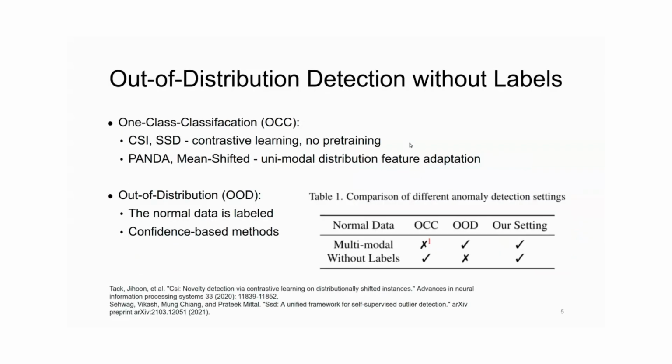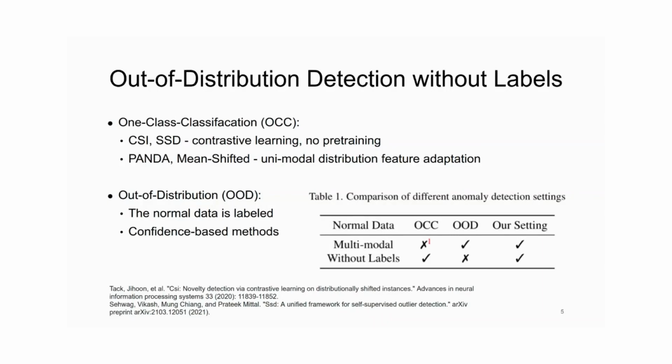And previous work comes both from the one-class classification community and the out-of-distribution community. From the one-class classification community, we have works such as CSI or SSD that use contrastive learning to learn their own representation of the data, their own feature embedding based only on the supplied normal data.